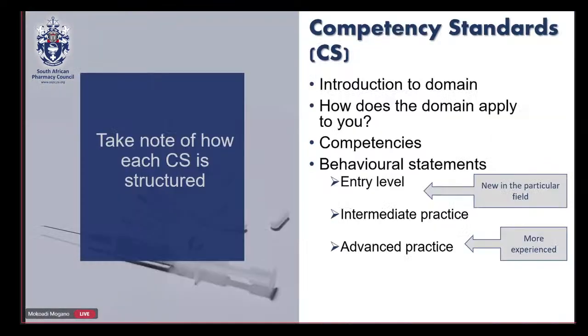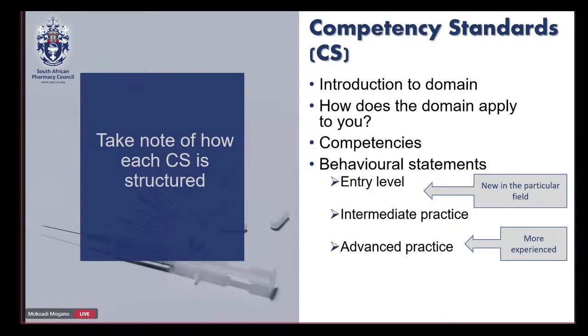So you need to familiarize yourself with the competency standards for pharmacists that were published by Council in 2018. In terms of the structure of the competency standard document, we have an introduction to the domain, and it also explains how the domain applies to you.